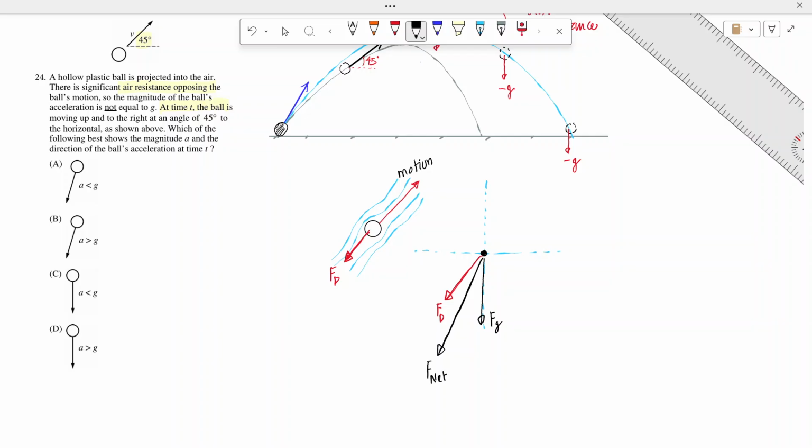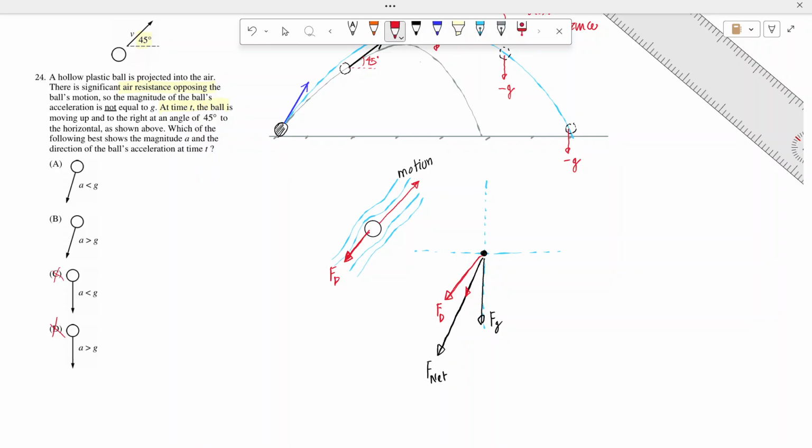But how did we get that? We got it by adding this vector to this vector. Okay, so this is the resultant force, and this resultant force will produce the resultant acceleration, which will also be in the same direction. Okay, so the acceleration direction is obviously not C or D because it's not downward.